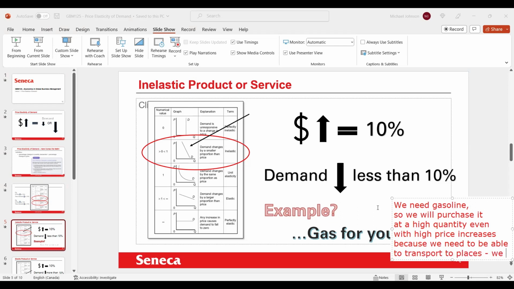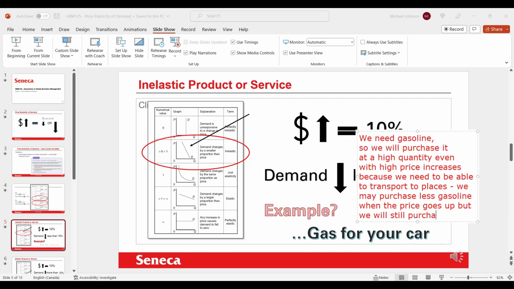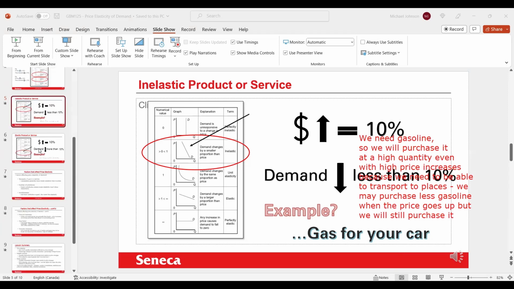So we may purchase less gasoline when the price goes up, but we will still purchase it. So that's why we don't get rid of our purchases of gasoline there.